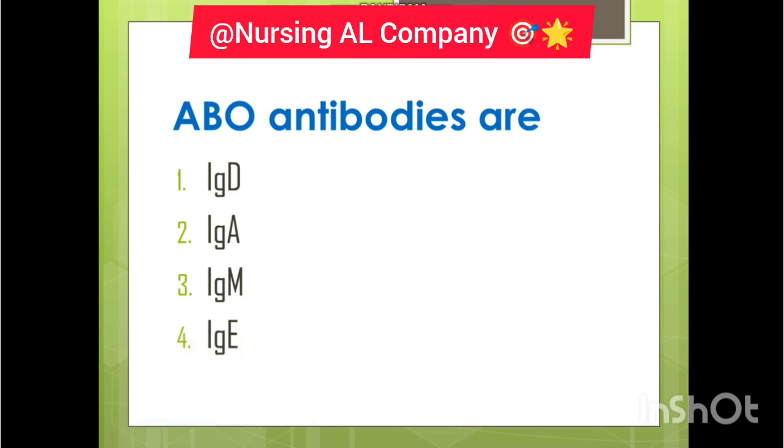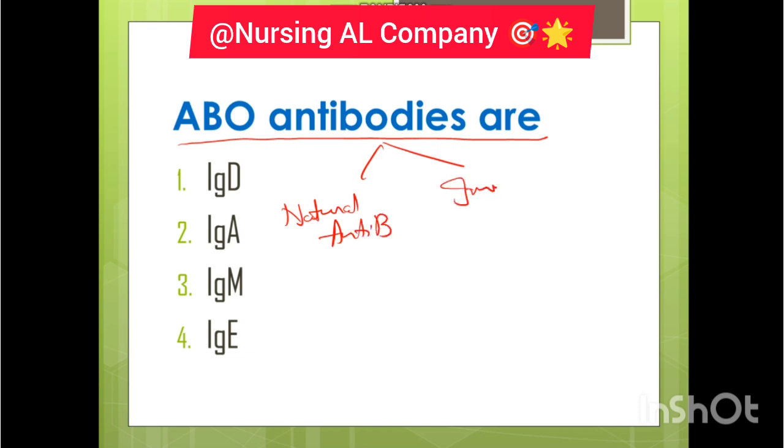Next, ABO antibodies are divided into two types: natural antibodies and immune antibodies. In natural antibodies, the main contribution is from IgM and IgG.